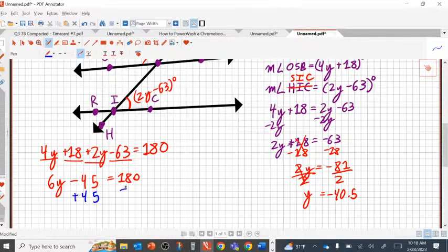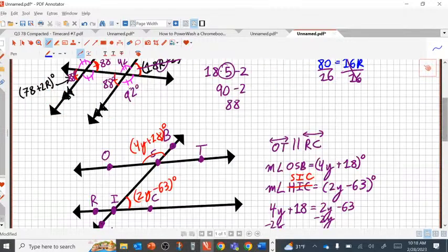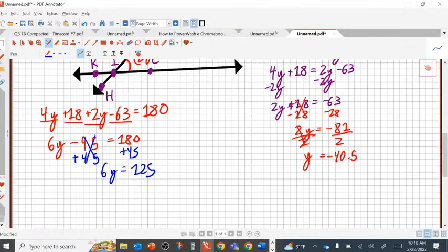We add 45 to both sides. 6y equals 225. Goodness gracious, can you tell I'm feeling a little rushed today? And then we're going to divide both sides by 6. Does somebody have that? 37.5.